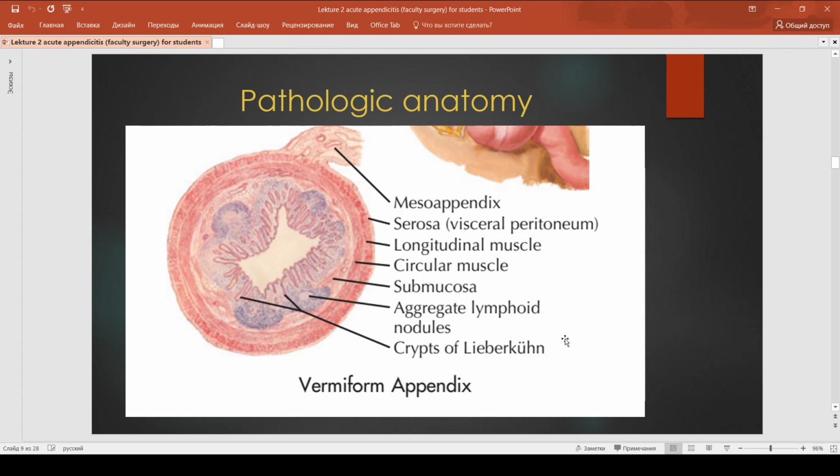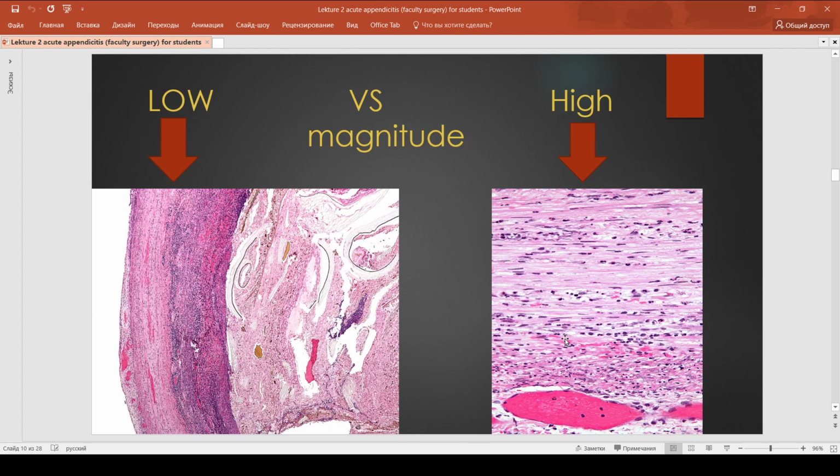What we can say in pathologic anatomy: as you know, the appendix has mesoappendix, serosa, longitudinal muscle, circular muscle, submucosa, as all luminal organs, and of course it has very thick lymphoid nodules and crypts of Lieberkuhn. What can we see in the microscope in low magnification and in high magnification? How can we say this is acute appendicitis?